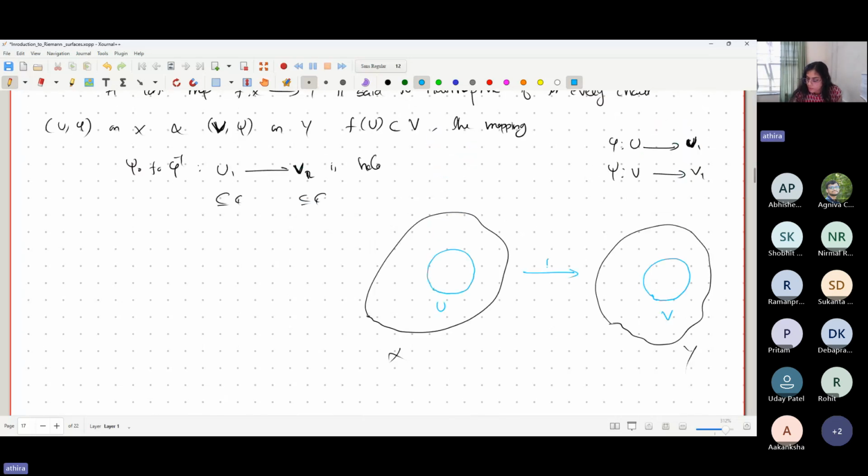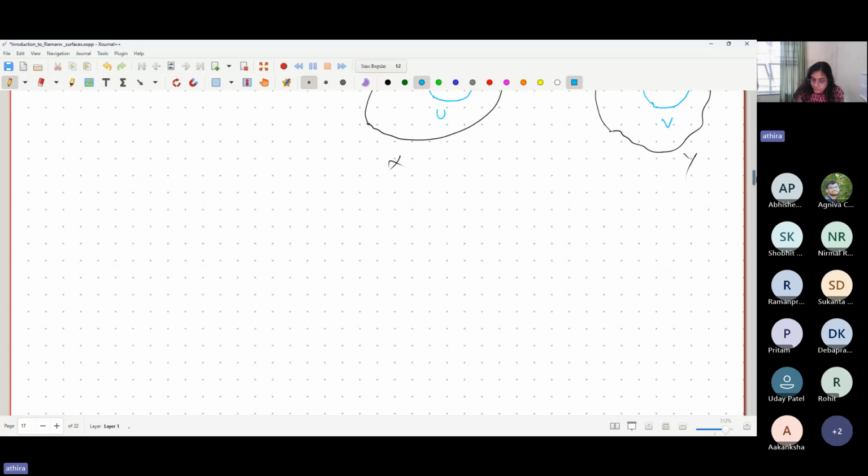This is our map f. U is mapped to U1, and V is mapped to some V1, which lie in the complex plane.